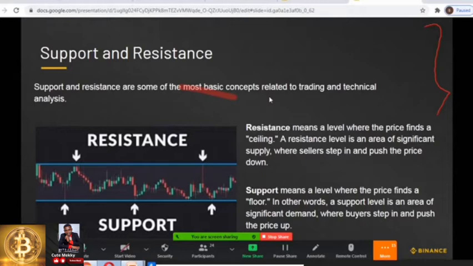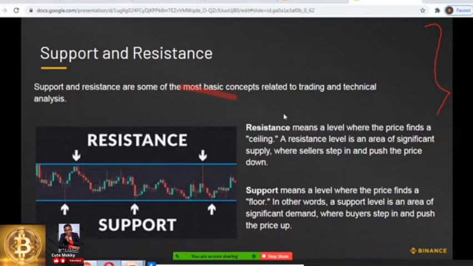Now, the other thing we're talking about is resistance and support level. This is the most widely discussed concept. And as a trader, or as a beginner trader, you must understand what resistance and support level is all about. It's very important. So resistance means a level where price finds a ceiling, that is, it finds resistance, the area where price is being resisted.